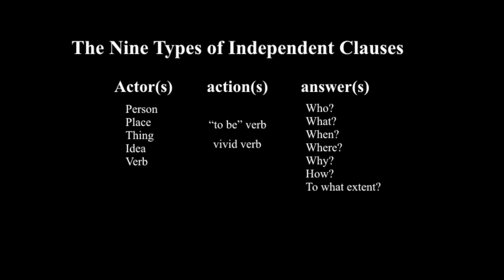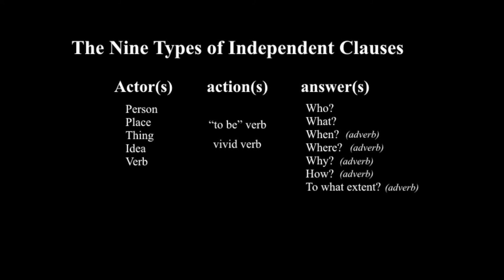Well, whenever you have an actor and an action, usually they are doing something to a person or a thing, or they're doing them during a certain time or in a certain place, or there's a reason that they're doing them, or there's a way that they're doing them. So whenever you're ready to finish that independent clause, you usually finish it by answering who, what, when, where, why, how, or maybe to what extent.